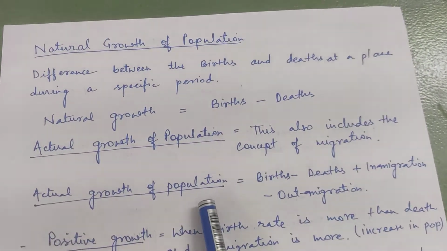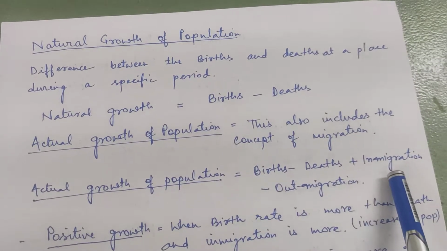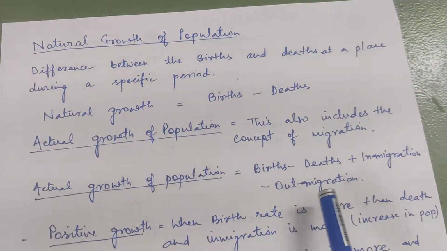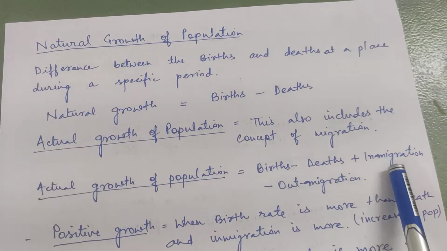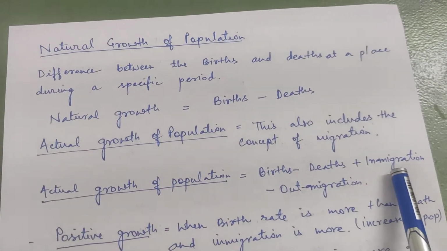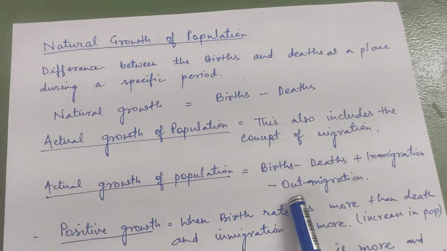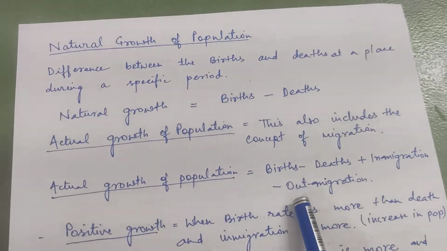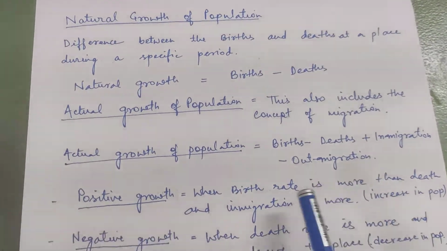Actual growth of population is births minus deaths plus in-migration minus out-migration. In-migration means when people come to an area; for that area it is called in-migration. Out-migration is when people leave an area; for that area it is called out-migration.